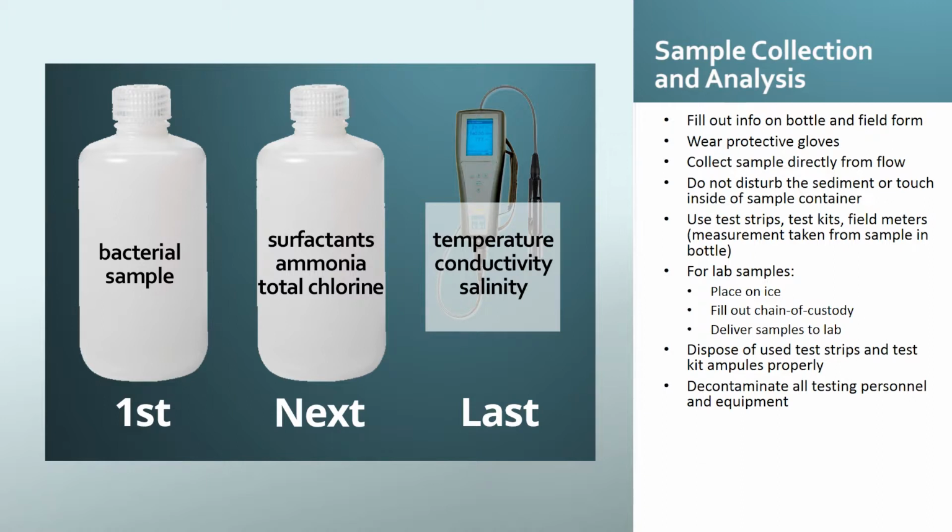Last, a properly calibrated multimeter should be used to record temperature, conductivity, and salinity parameters directly from the stream or outfall. Sample aliquots from the field kit bottle should be analyzed as soon as reasonably possible. When concurrent analyses are not possible, ammonia and chlorine samples should be processed first, followed by surfactants analysis.